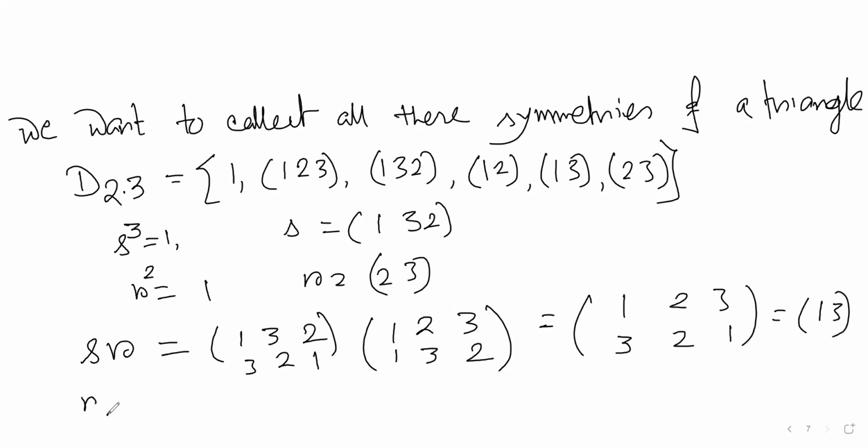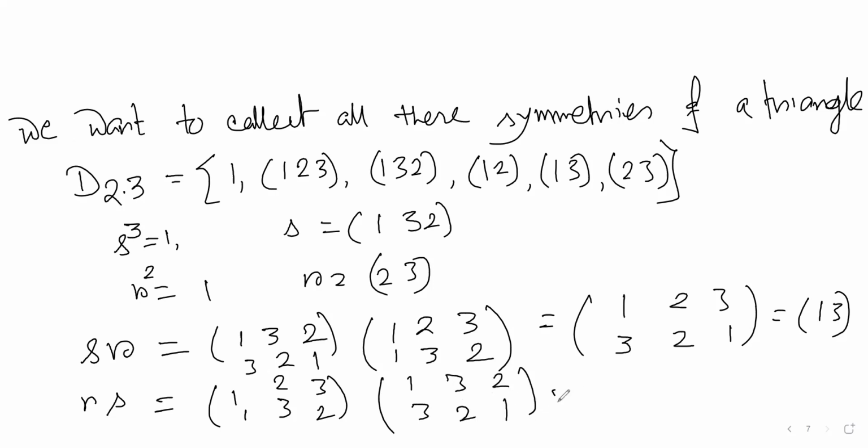So now RS means first I do the rotation, then the reflection. So first 1 1, 2 3, 3 2, then 1 3, 3 2, 2 1.